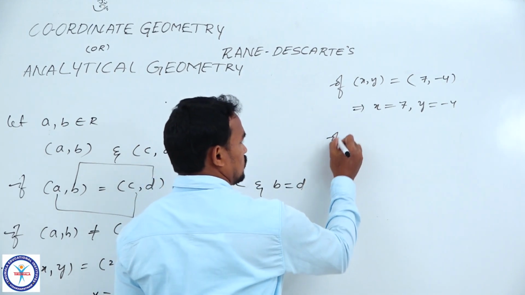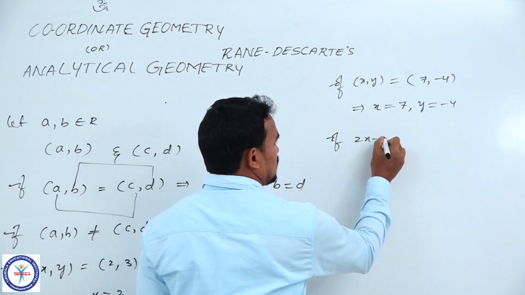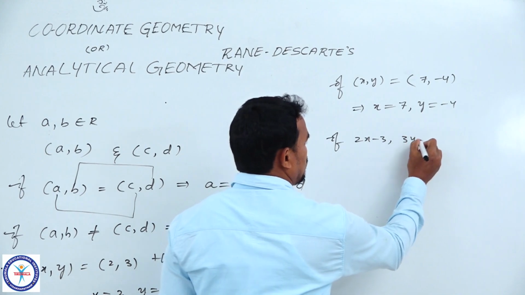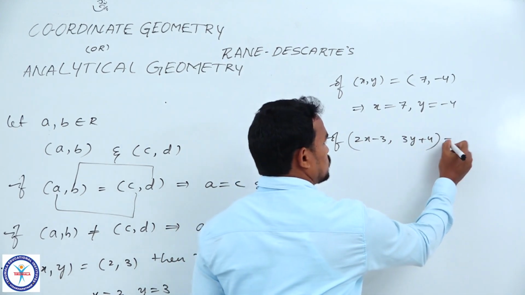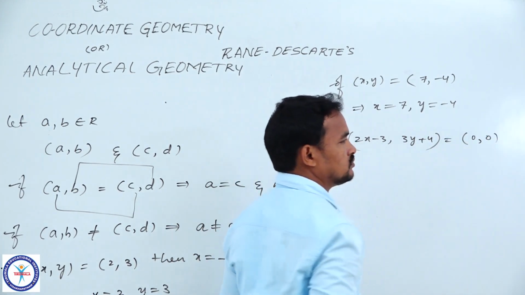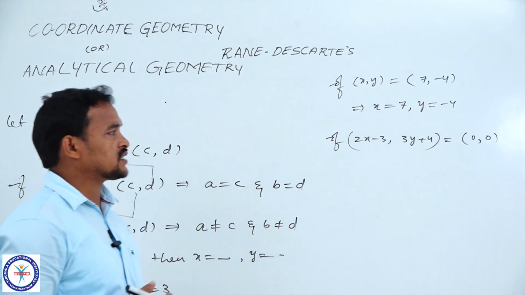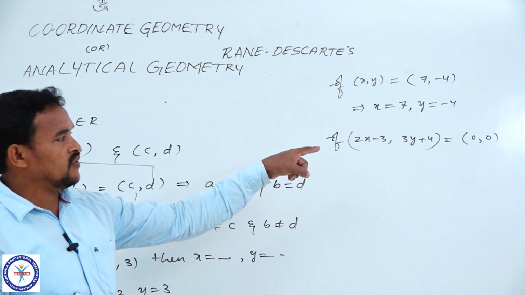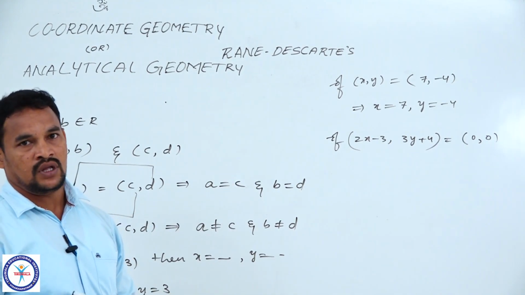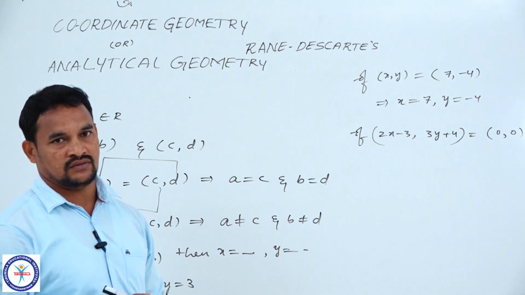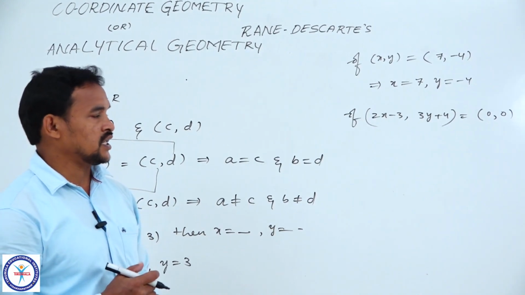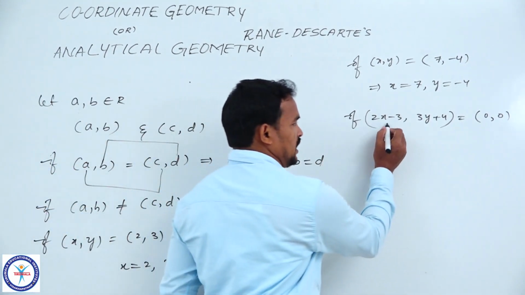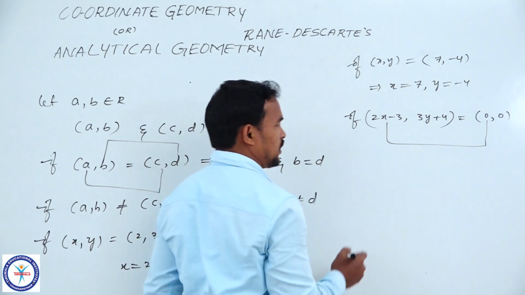One more. The ordered pair (2x minus 3, 3y plus 4) equals (0, 0). Then how to find x and y? Their corresponding elements are equal. Here 2x minus 3 and this 0 are corresponding elements.